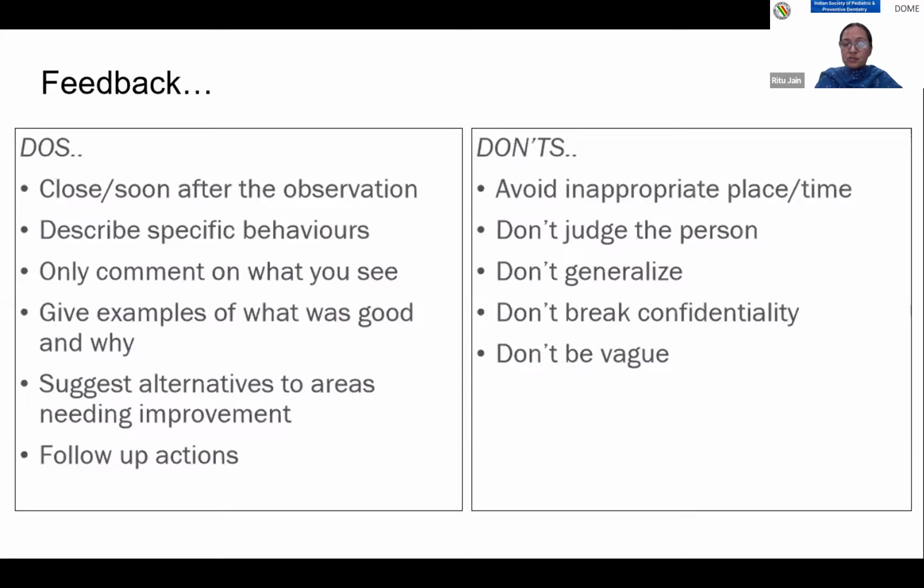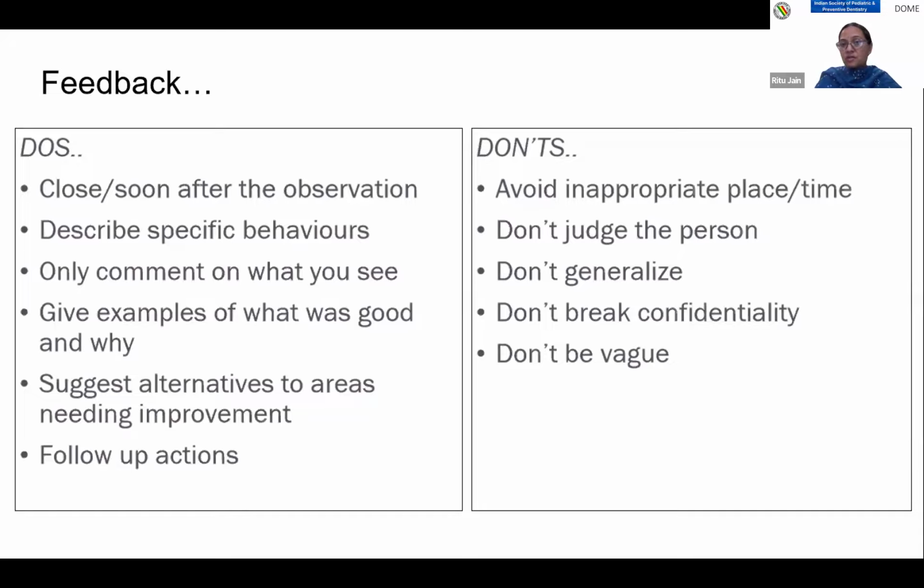Suggest alternatives to areas needing improvement. So if you're able to identify a student's area of weakness, you could always give suggestions of how he can improve it or what he should do to improve it. If you feel that the student is lacking in the knowledge field, we can always ask the student to refer some texts or refer some books.